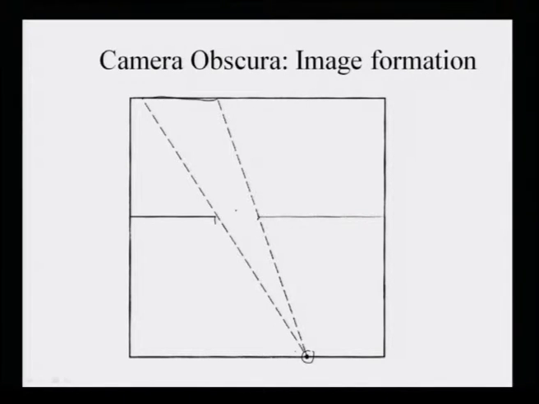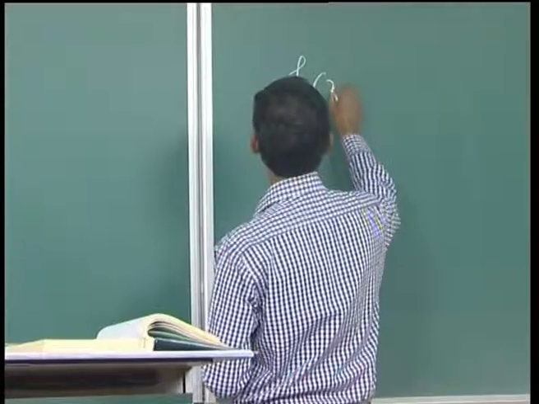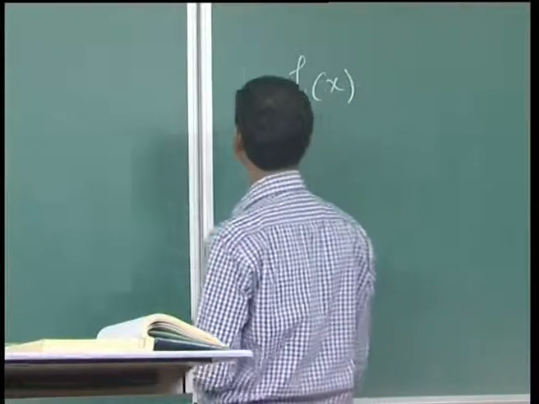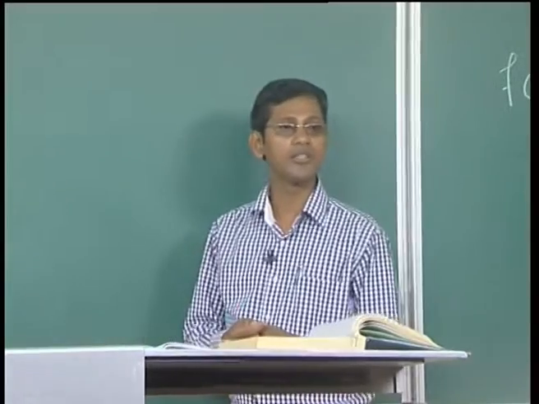If we assume that the object can be given by a function like f(x), and this object is getting focused on the image plane while the rays are passing through the pinhole.